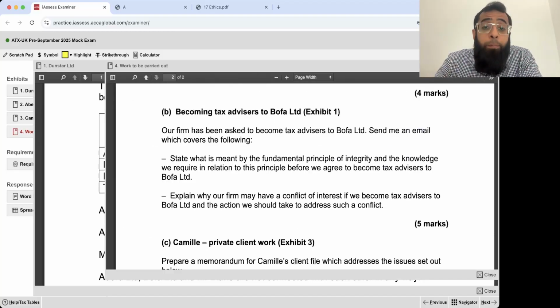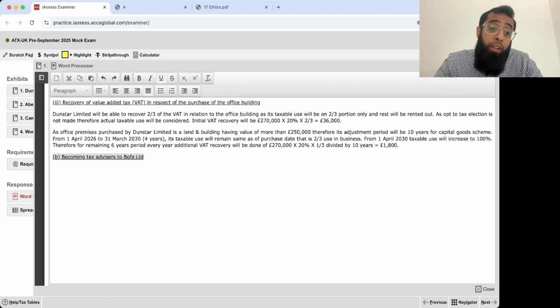So if you look at it, first of all, what is meant by the fundamental principle of integrity and the knowledge we require in relation to this principle before we agree to become tax advisors of BOFA Limited.